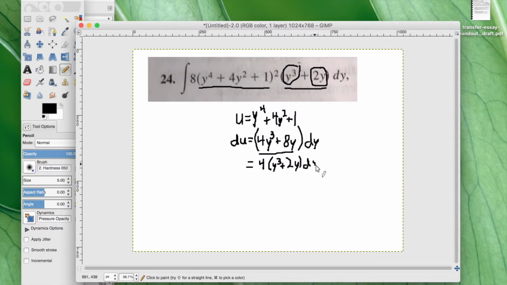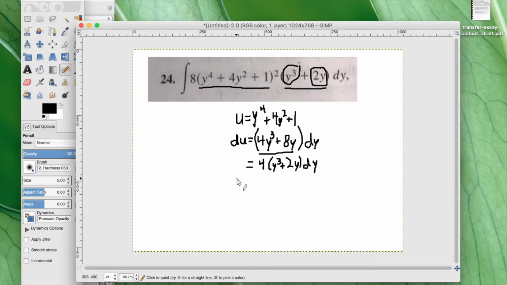Well, that doesn't help. We've just got the 4 out. So now what do we do? We have to get it out of this entire equation and then substitute in for y cubed plus 2y. That's actually a pretty simple thing to do.